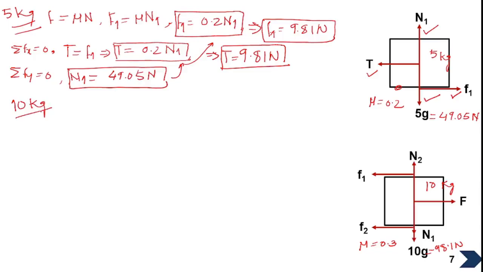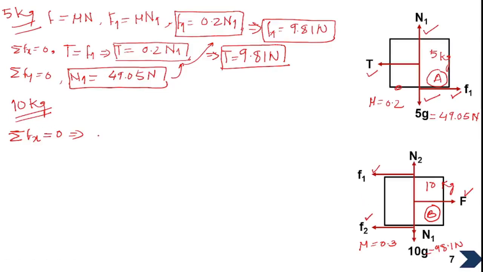You may name them as A and B also for better clarity and to avoid any confusion. Again we'll apply sigma Fx equals 0 over here. We'll have this F, we'll have F1 and we will have F2.